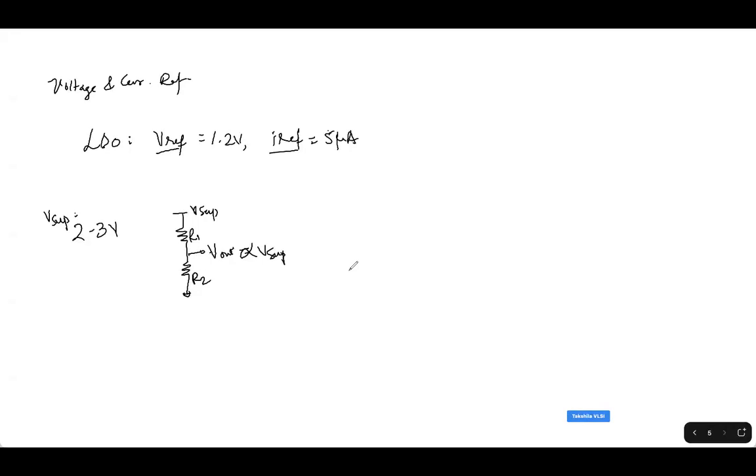What are the other ways? Is there any way where we can do it using very simple circuits? No, even when you wanted to have an LDO, what is LDO for? For regulated voltage.